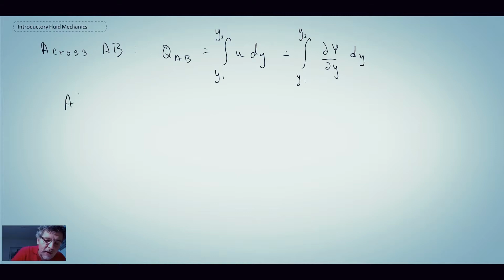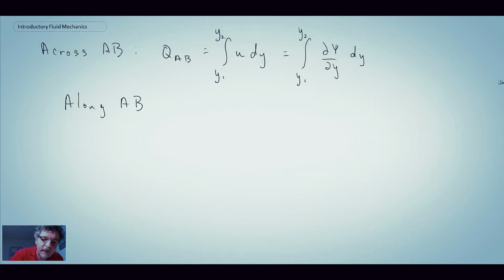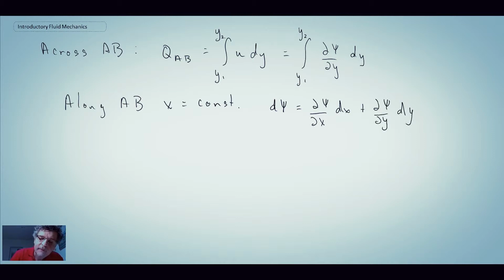Now, along AB, the other thing that we know is that the value of x is equal to a constant along line AB. And so if we look at the total derivative of psi, and we saw this in the last segment, we can express it this way in terms of partials. And if x is a constant, that means that that term is not contributing anything.